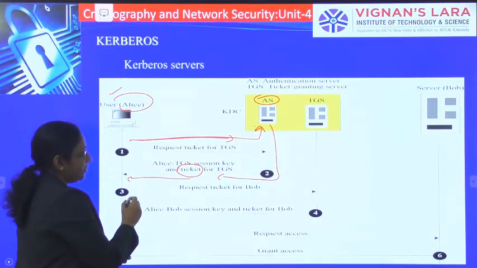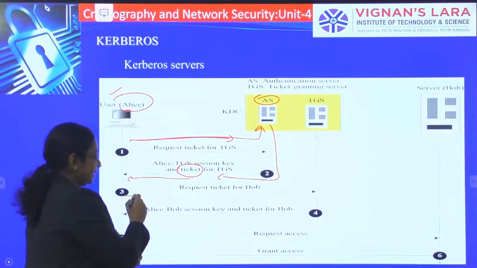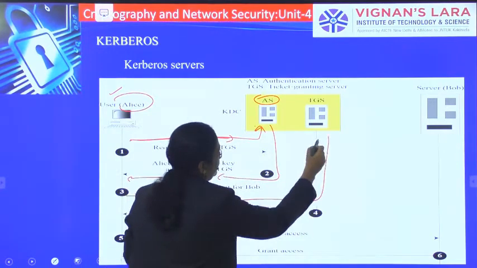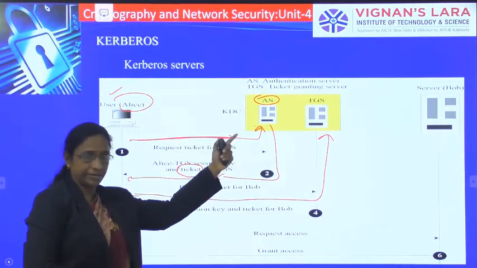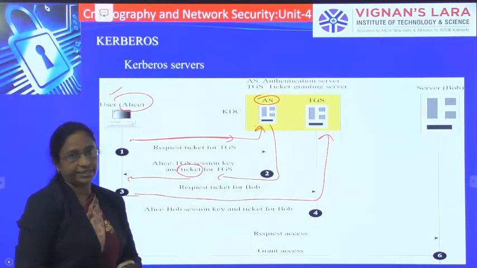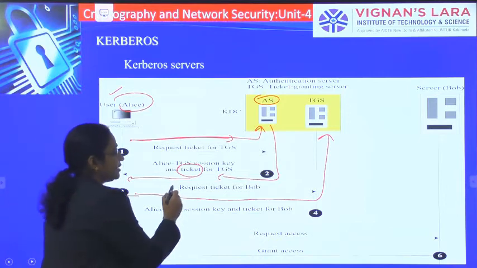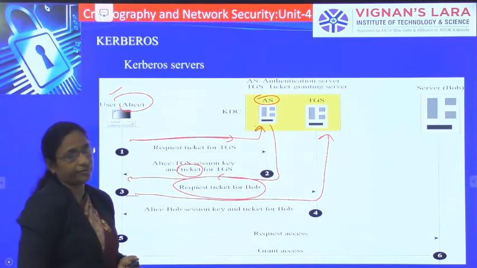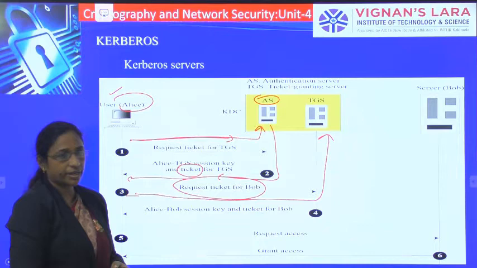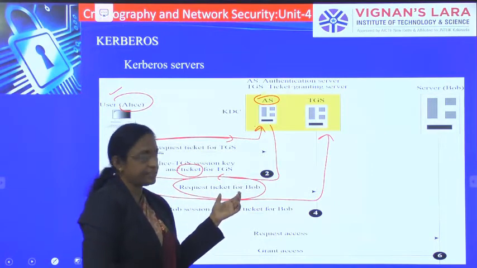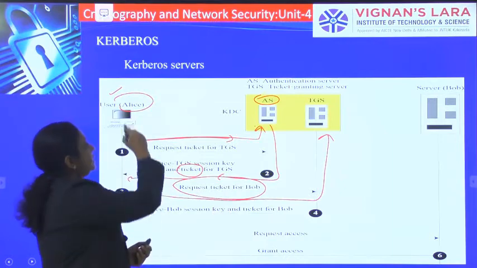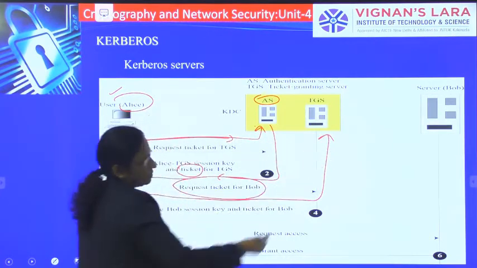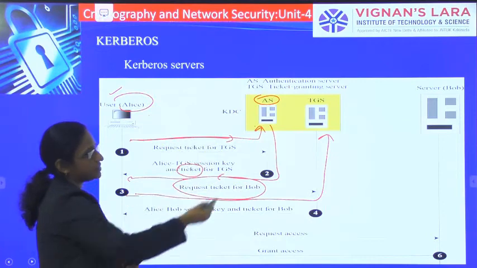Then Alice sends that ticket to this ticket granting server. Along with the ticket, it also sends a request for a ticket for Bob, since Alice wants to access that server.